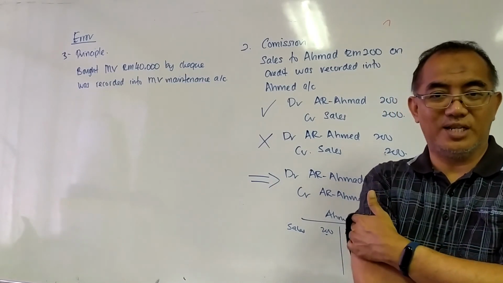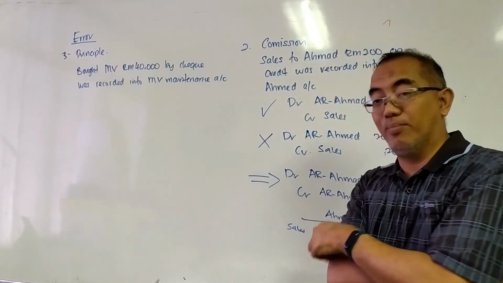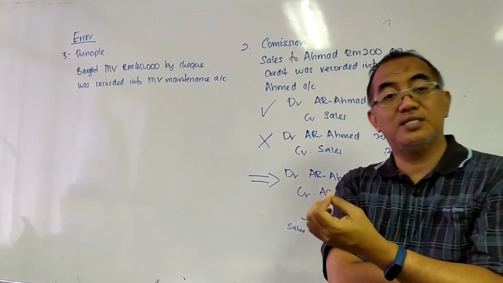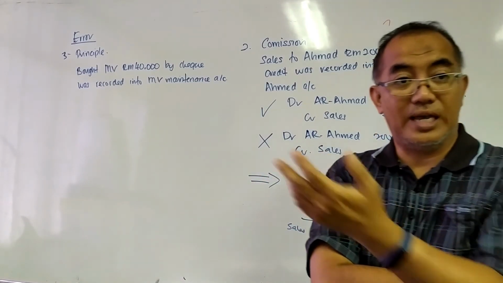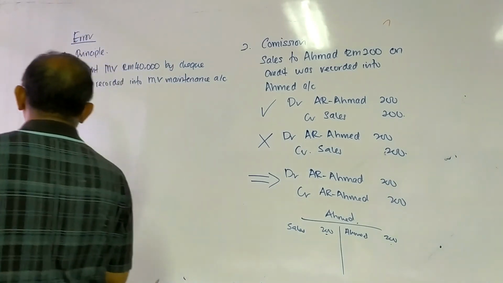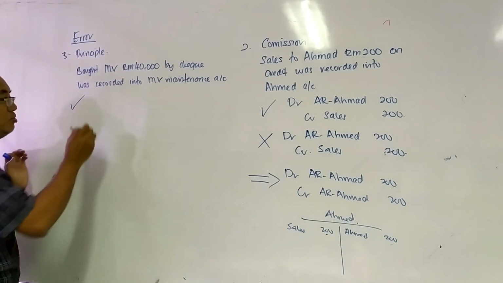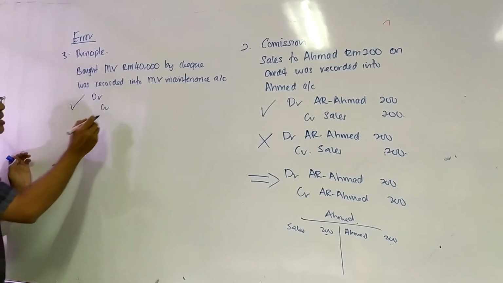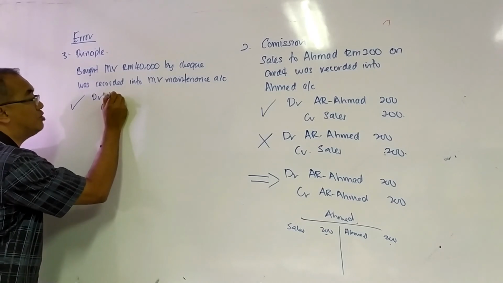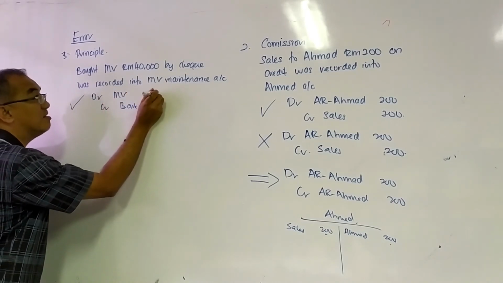It's not really logical. Because maintenance is different. Maintenance is your expense. MV, motor vehicle, is your asset. So that's why, what should you do in the first place? I always do it like this. This is the correct one. By right, you should debit your MV, credit your bank.